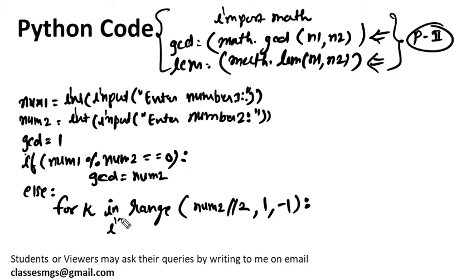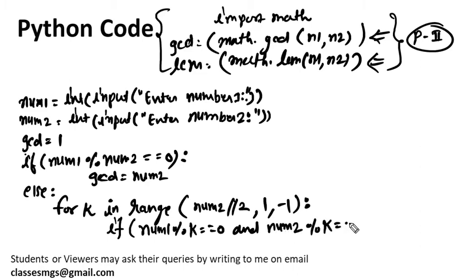And in the if condition, remember, if k is the number dividing both number 1 and number 2, number 1 % k equals 0 and number 2 % k equals 0, then GCD equals k, and you will break this loop.